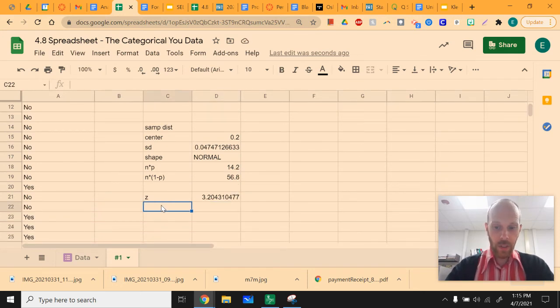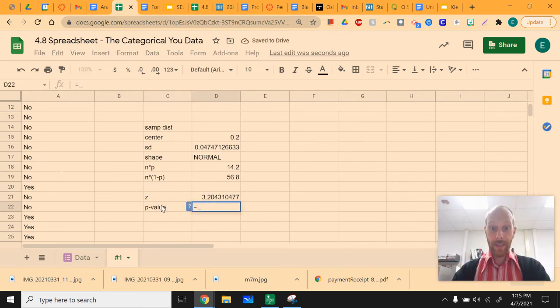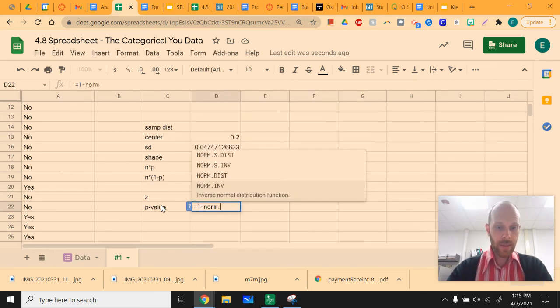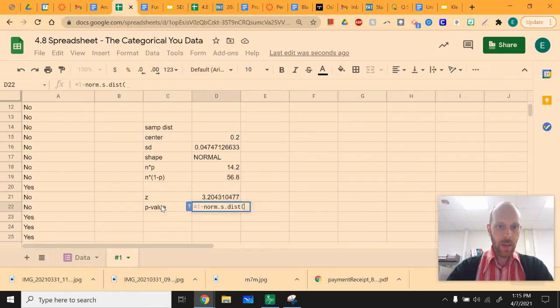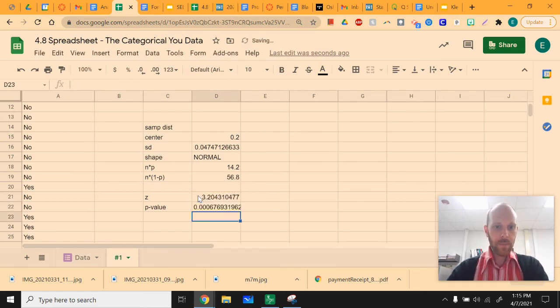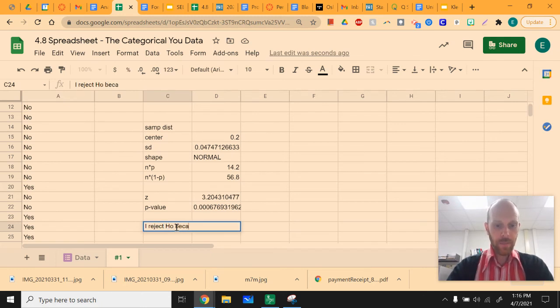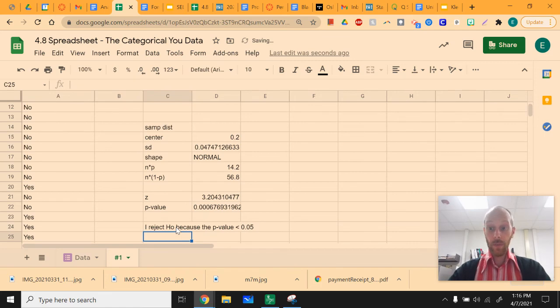Now, the last piece of the puzzle is we need our p-value. Our p-value is going to be a right tail because we're doing greater than. So remember that for a right tail, you do 1 minus norm.s.dist of our z-score, which is going to give us 0.00067. Conclusion: I reject the null hypothesis because the p-value is smaller than our alpha of 0.05.